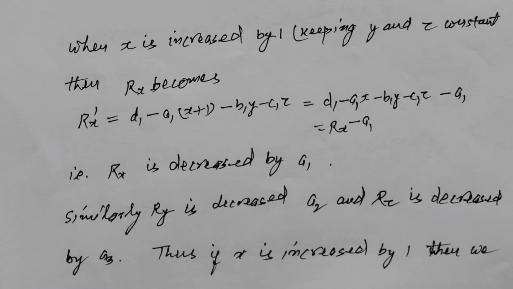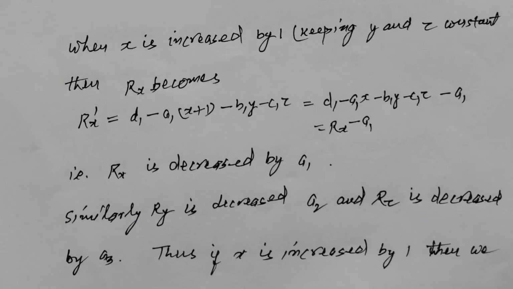When x is increased by 1, keeping y and z constant, then Rx becomes R dash x equal to d1 minus a1 into (x plus 1) minus b1y minus c1z, equal to d1 minus a1x minus b1y minus c1z minus a1, equal to Rx minus a1, since Rx was d1 minus a1x minus b1y minus c1z.